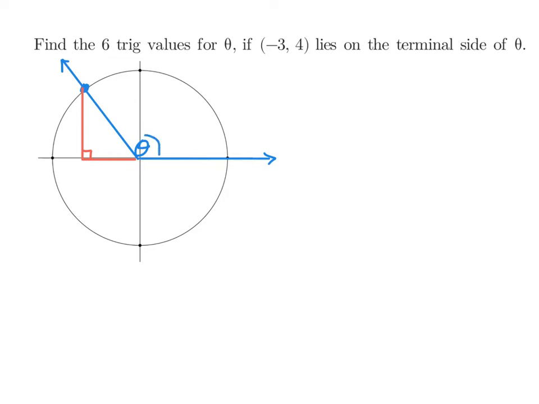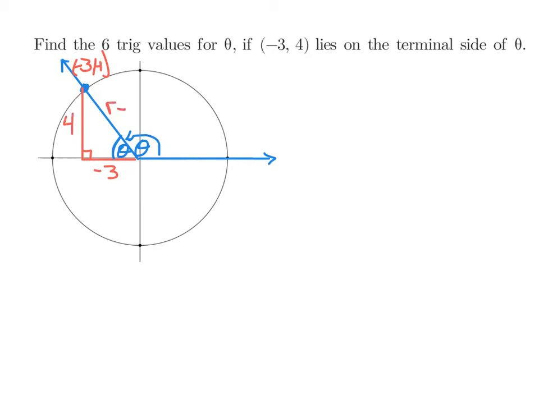Now, technically, theta is over here, this angle. However, we're going to treat theta as being this interior angle, the acute one, as a reference for the values for our 6 trig functions. Remember, this is the point negative 3, 4. So the x-coordinate is negative 3, and the y-coordinate is 4.